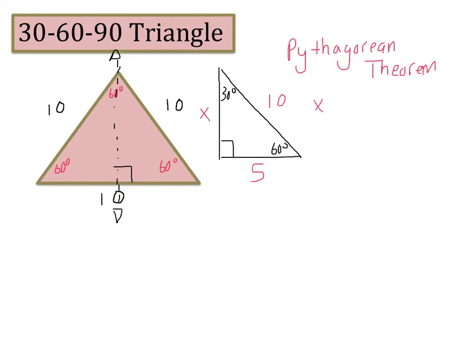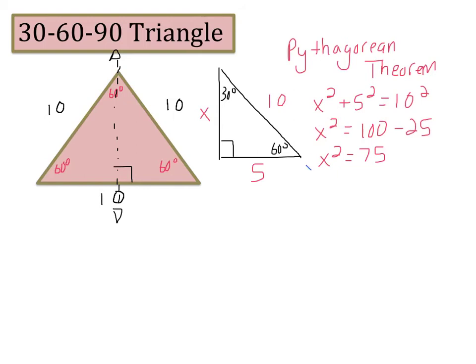So I'll do x squared plus 5 squared equals 10 squared. I want to solve for x, so I'll do x squared equals 100 minus 25. Simplify the right side. X squared equals 75.